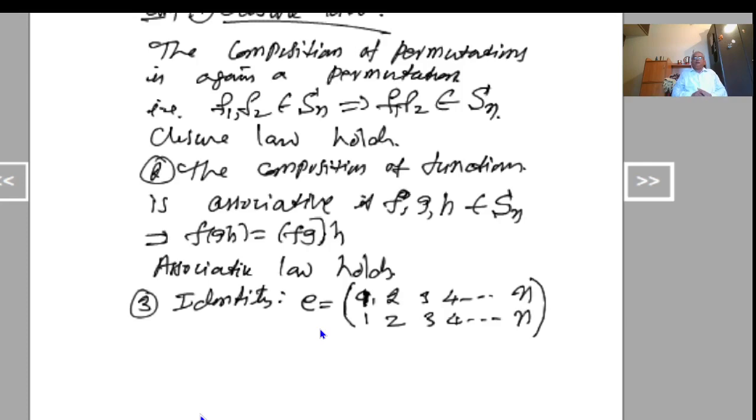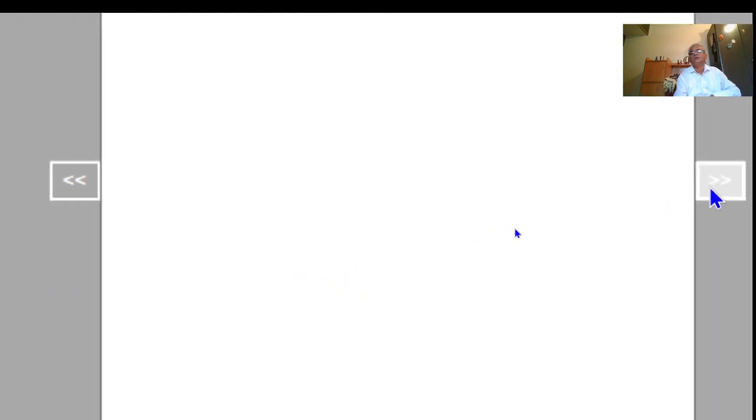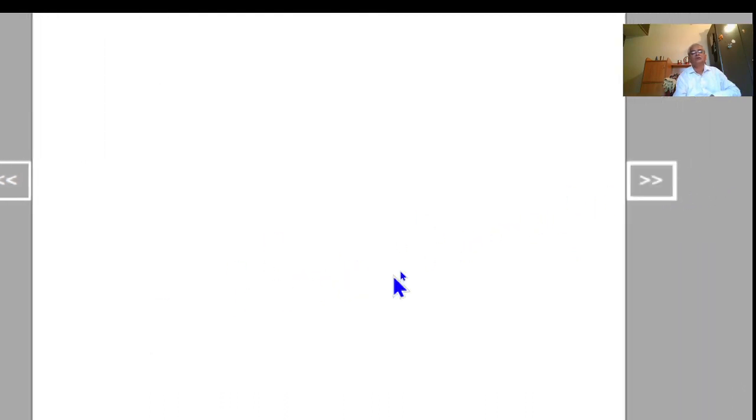We know that this permutation is the identity permutation. This belongs to Sn and is the identity.